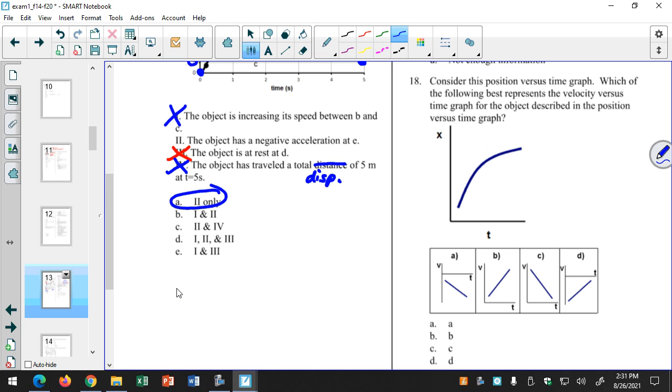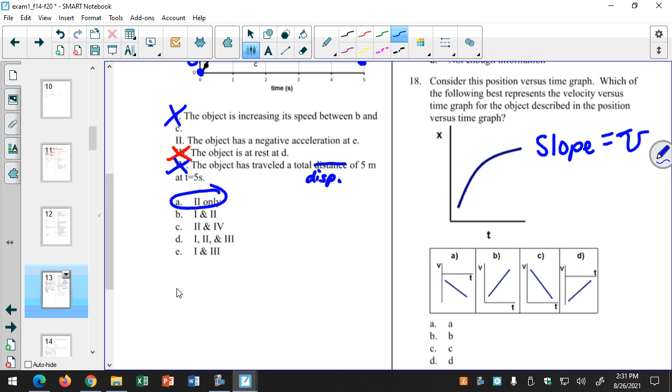Number 18 is a good one. We're going to do this in class, I think, tomorrow. I have this position versus time graph, and I want you to tell me which velocity versus time graph represents the same motion. Now, the slope of this graph equals the velocity. Right?